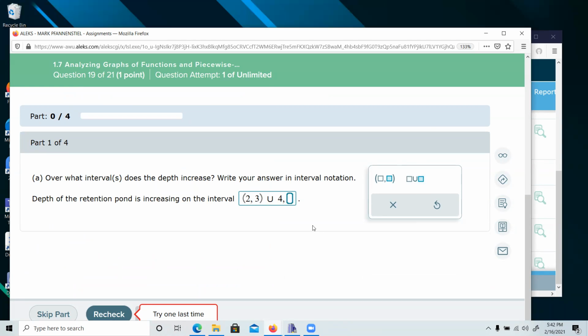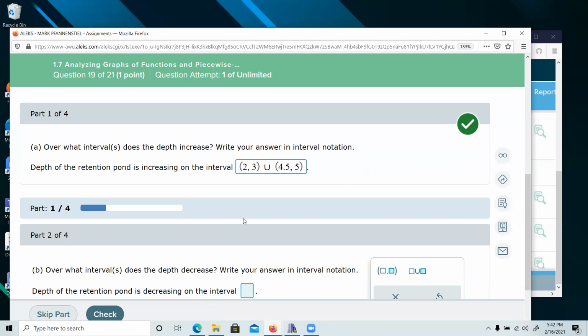We'll say 4.5 to 5 now. 4.5 to 5. All right, there we go. That looks a lot better.